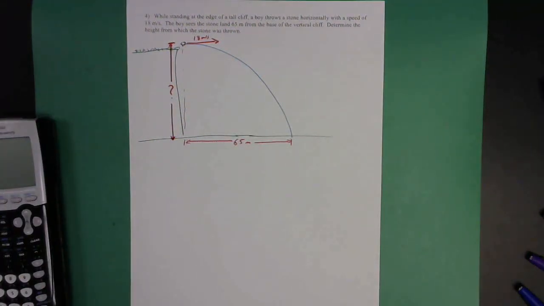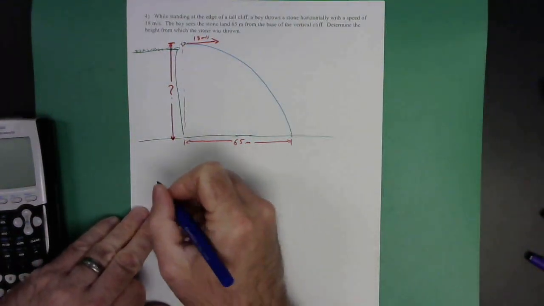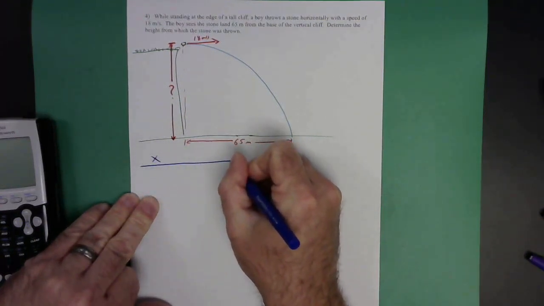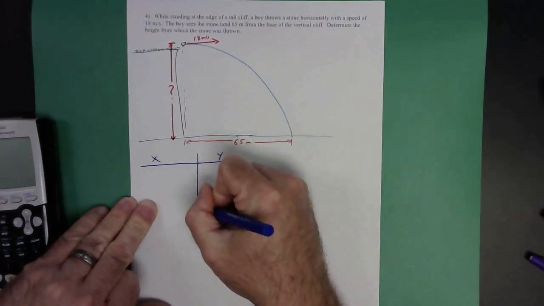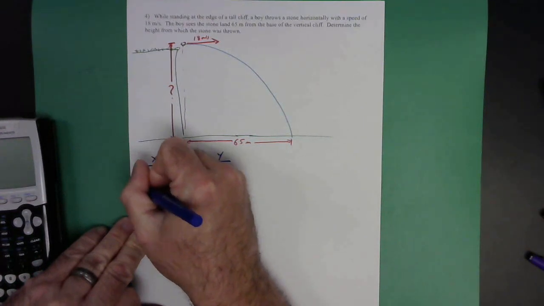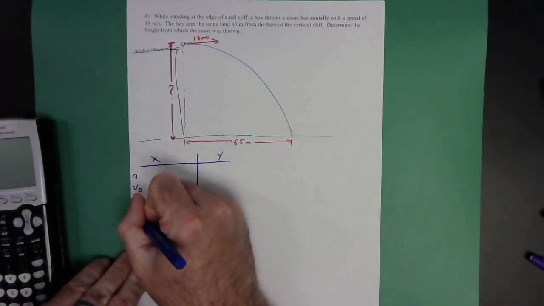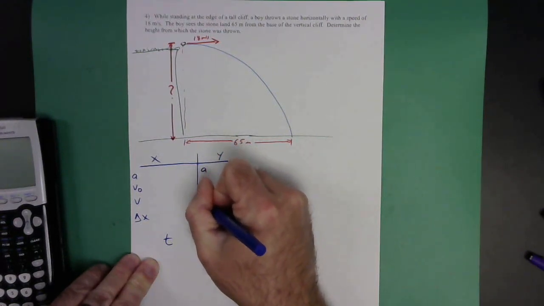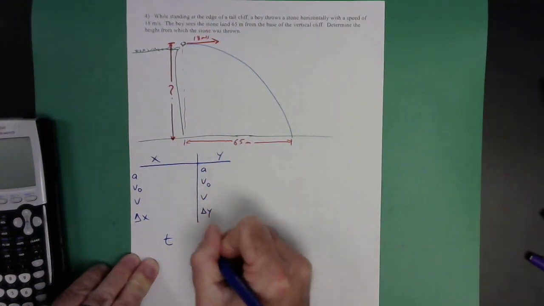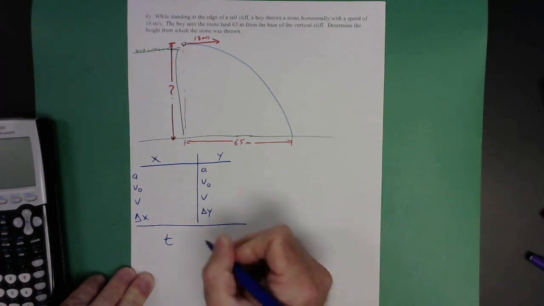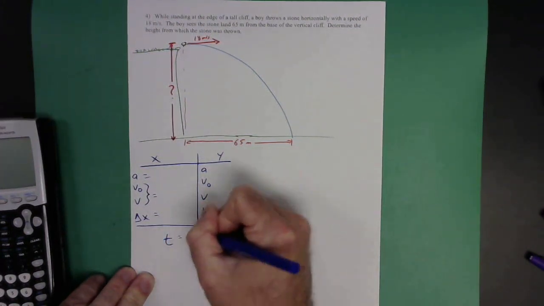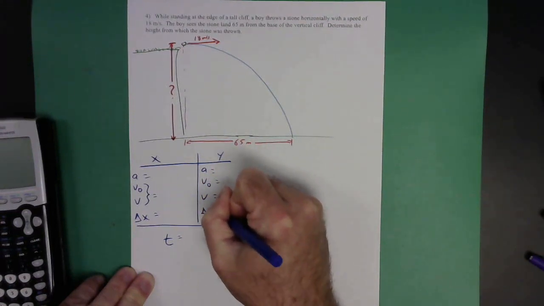Again, I'm going to make my table of values. I'm going to use my horizontal axis and my vertical axis. I'll make my chart with a, v naught, v, displacement and time for each axis.